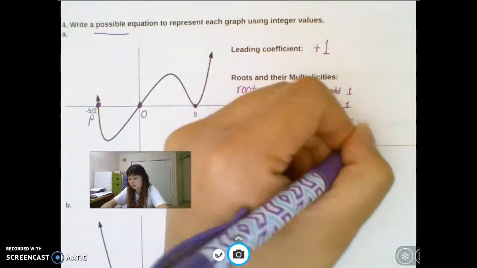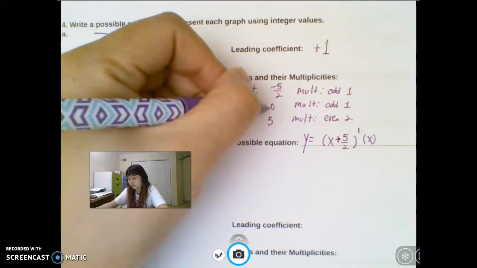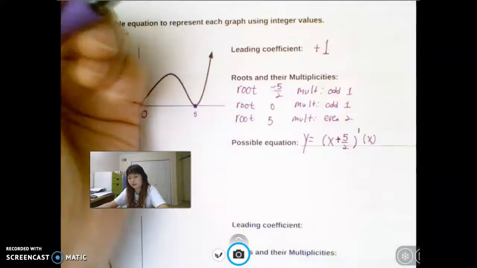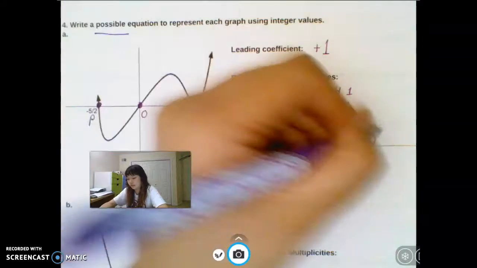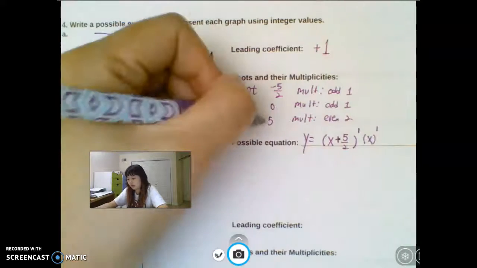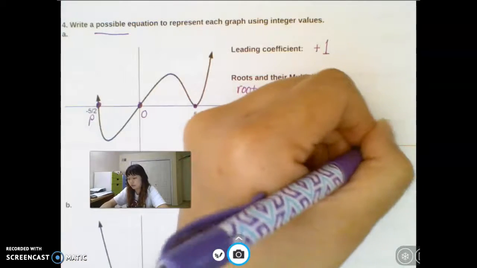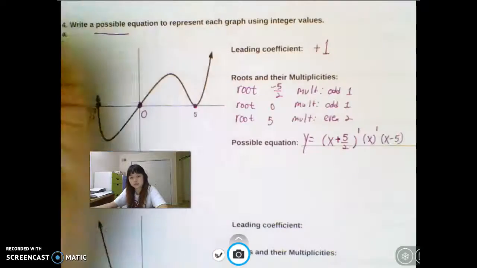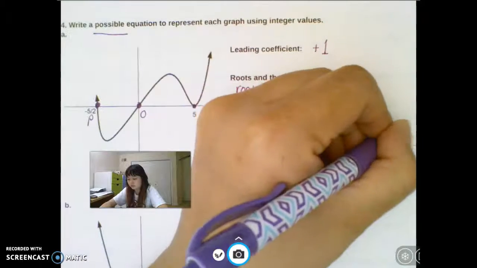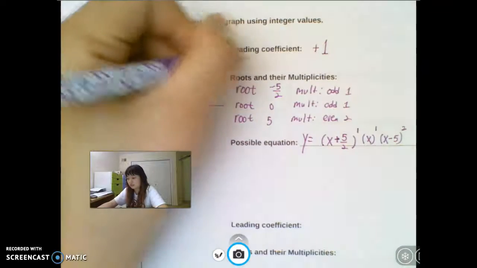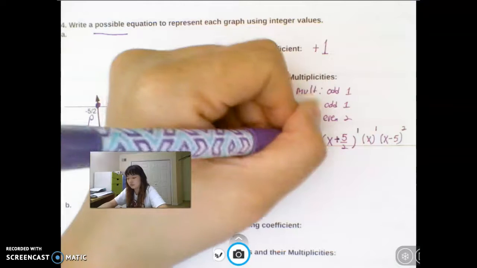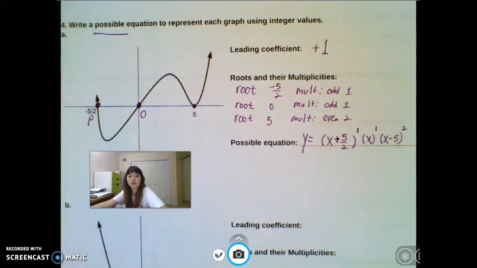The other one is at 0, so you don't have to put them in parentheses, but I would like to, just cause. And then odd, so I'll put 1. And root at +5, so think opposite, so it'd be x minus 5. And even, so 2. And its leading coefficient is positive, so this is just good the way it is.